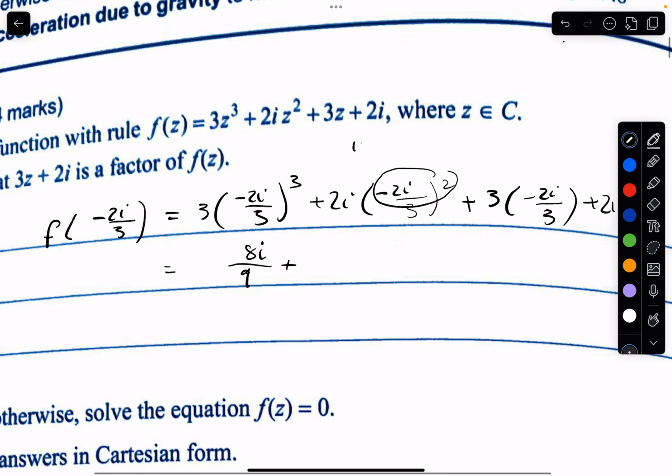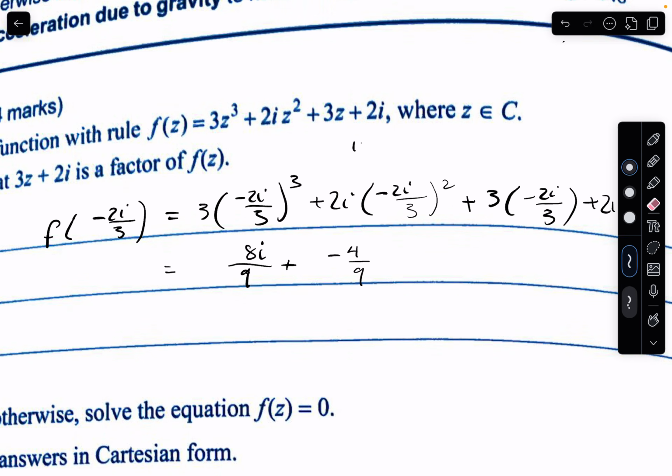Plus, now this here is going to be negative, because negative 2 squared is positive 4 and then i squared is negative. So minus 4 on 9 times 2i, which is minus 8i on 9.